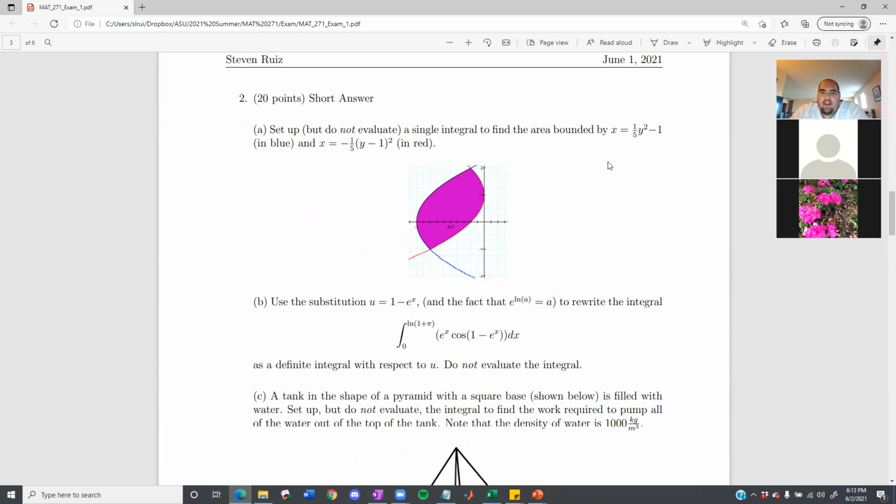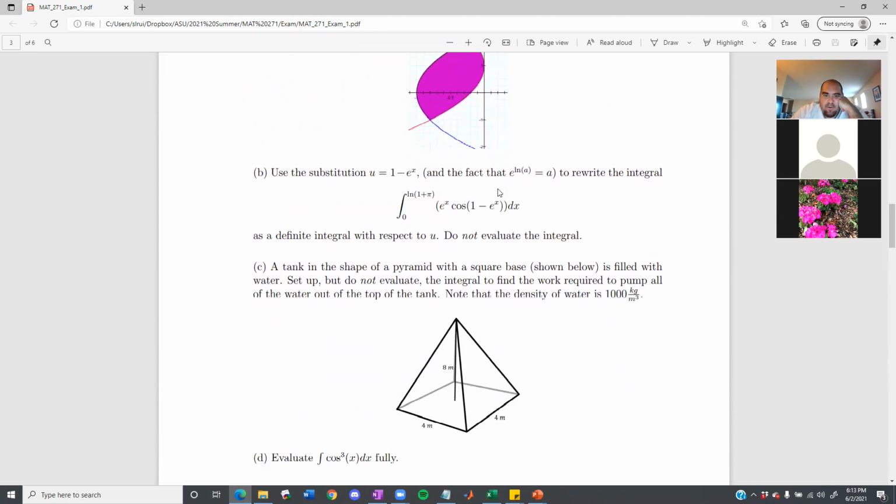But the red curve, the parabola on the right, needs to be the one that is going to be red minus blue. You want to subtract the greater function minus the lesser function, and greater in this circumstance means further to the right.